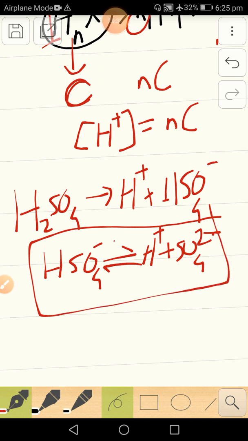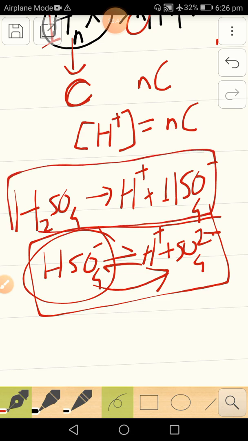Let me tell you why. Because this ion is already negative, so it would not want to dissociate to produce a more positive ion to that extent. Okay, all right. So that's why always the unit dissociations are the one-way dissociation, if there are any.